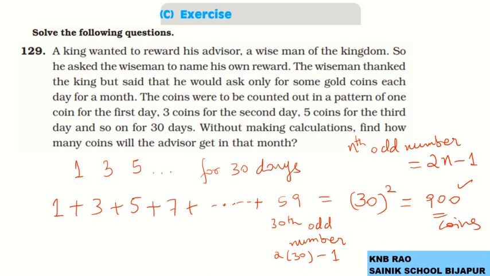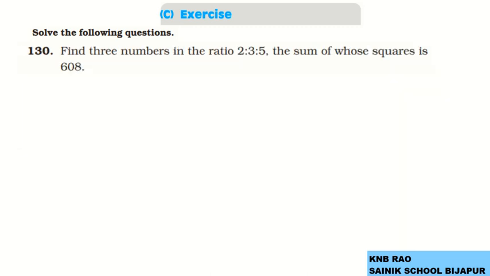Now coming to the next question, number 130, find 3 numbers in the ratio. The moment you see a ratio, always consider a ratio constant.